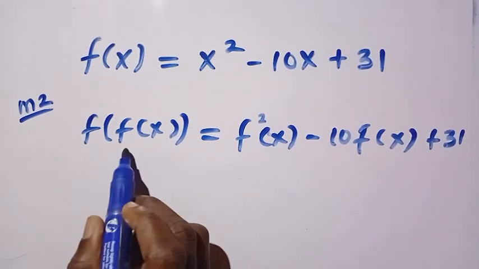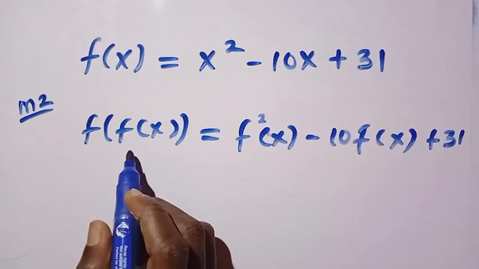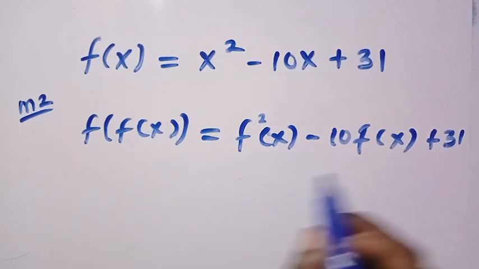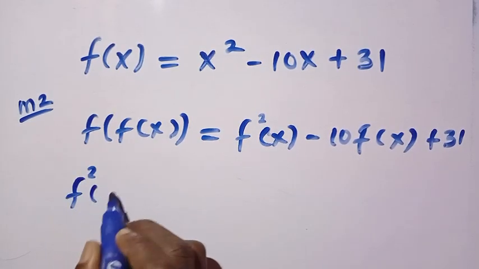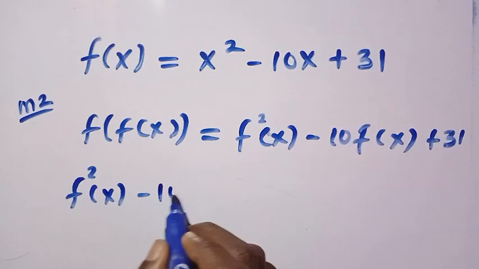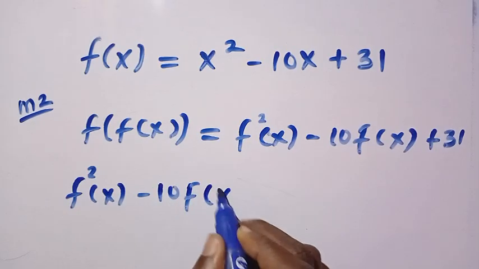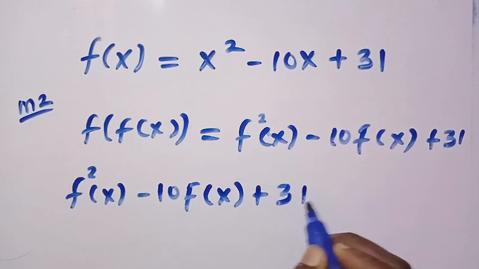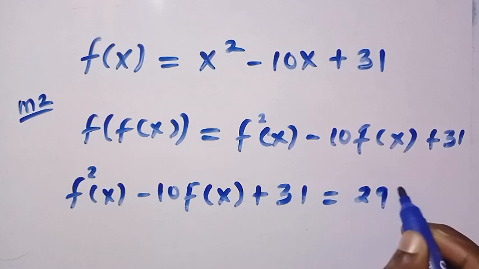Then f of x has been given to be 295. So here we have f squared of x minus 10 f of x plus 31 equals 295.